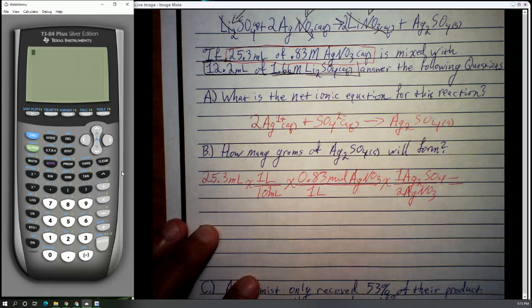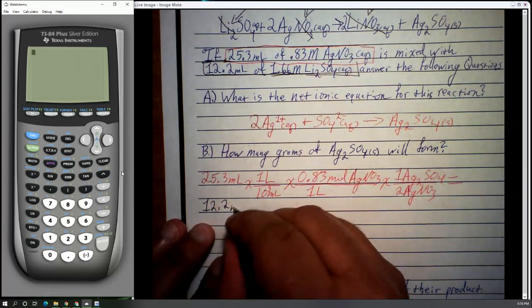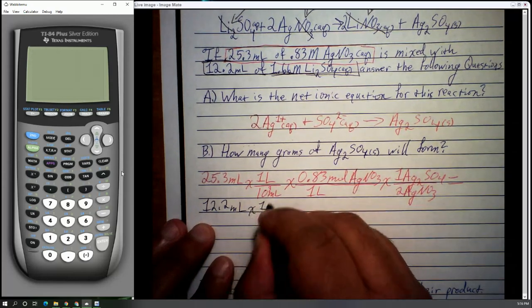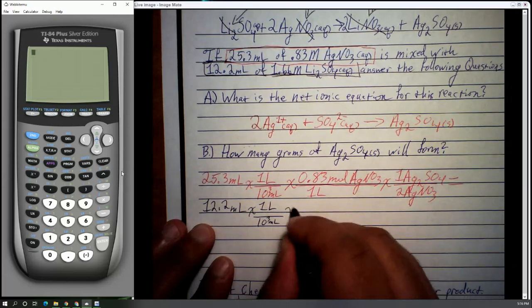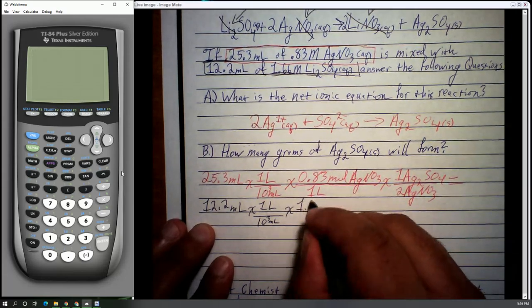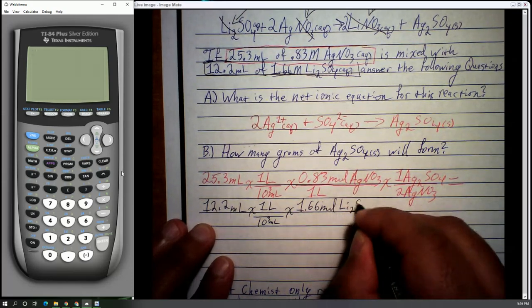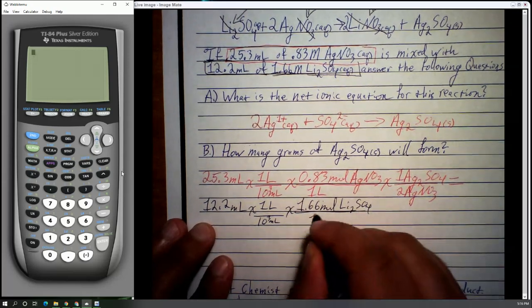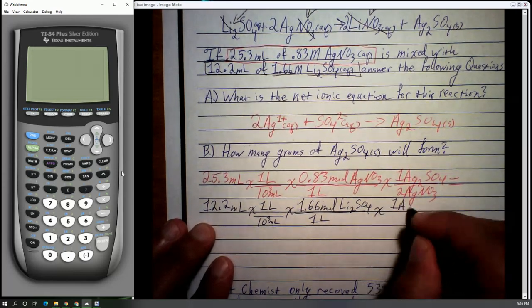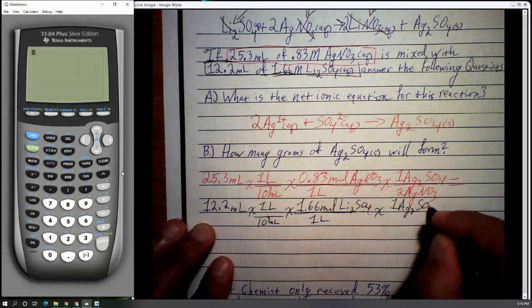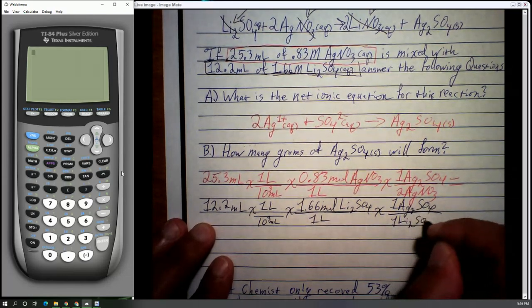And then we will do the same for our lithium sulfate. And the ratio is 1 silver sulfate for every 1 lithium sulfate.